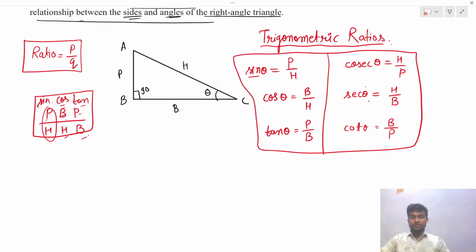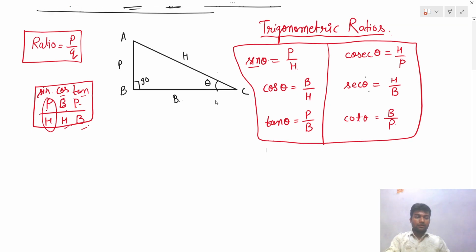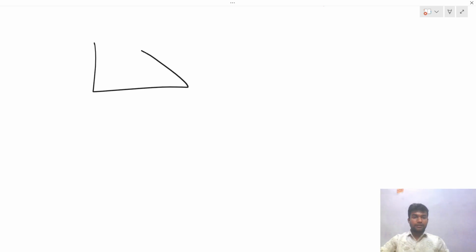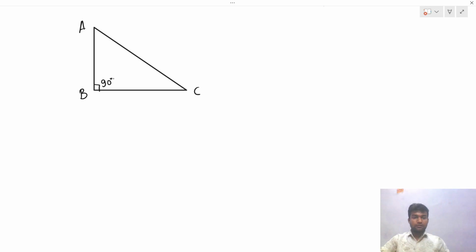Next comes the Pythagoras theorem. If you don't know it, the Pythagoras theorem is very simple. Let's say we have a right angle triangle, with vertices named A, B, C, this is 90 degrees, and this is theta.